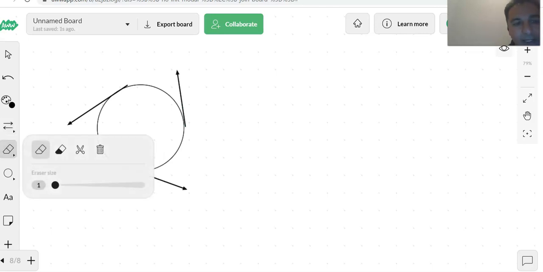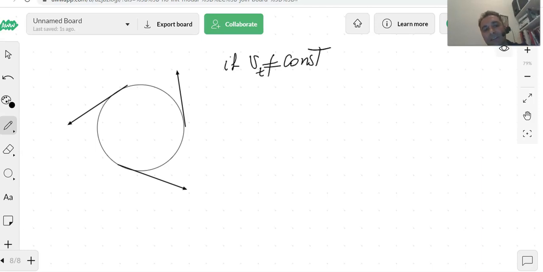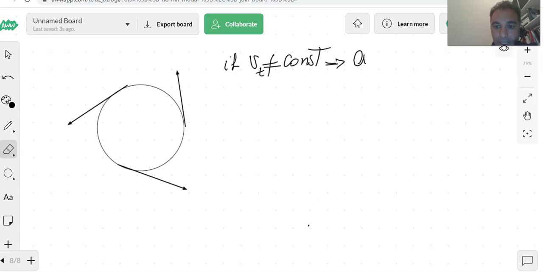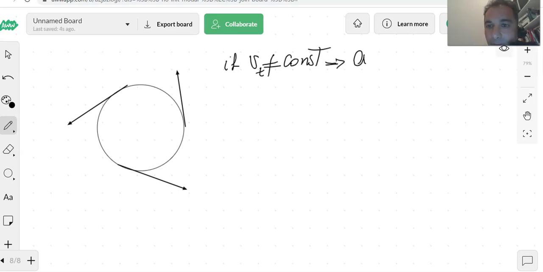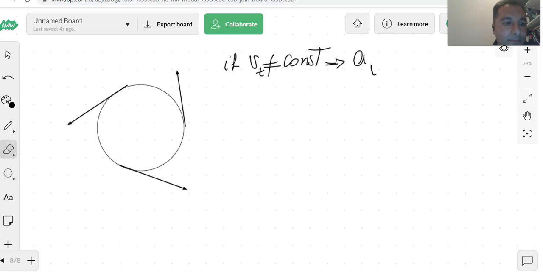If Vt is not constant, if tangent velocity is not constant, therefore I am going to have an acceleration on the circle, which is called AT.